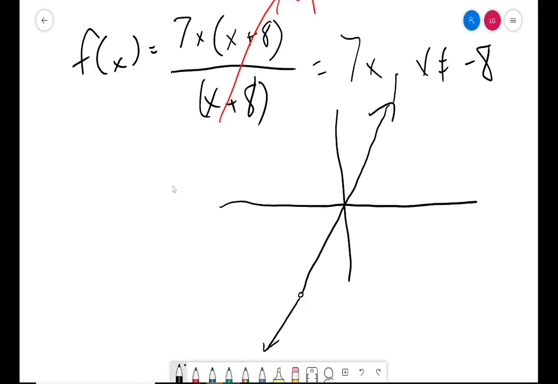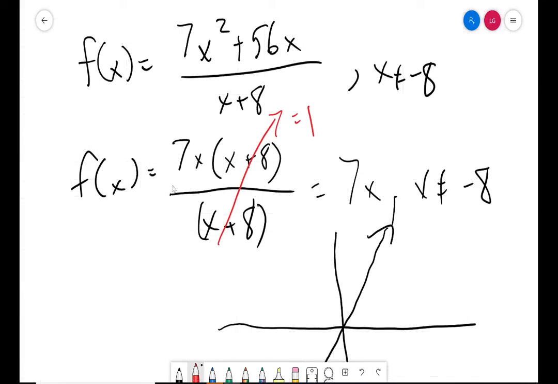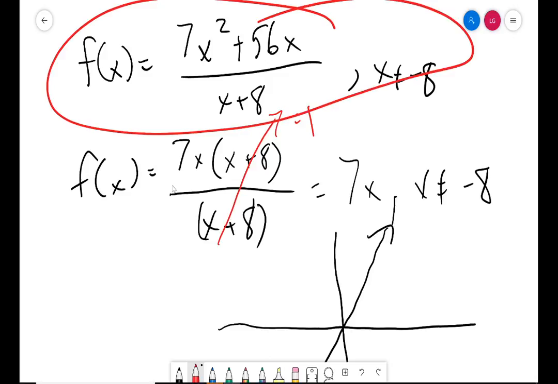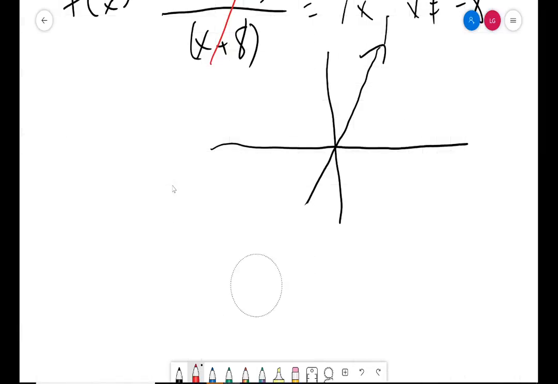It is a gap, a little hole there. So it's a domain issue, and it is expressed graphically by that hole. If the hole wasn't there, then we would say it's exactly 7x, and when -8 is plugged in for x, the output is -56. But remember that f ultimately is this thing. Everything about that thing needs to be identical, and when x is -8, that thing is not -56. It does not exist. Therefore, we represent that with that hole there.